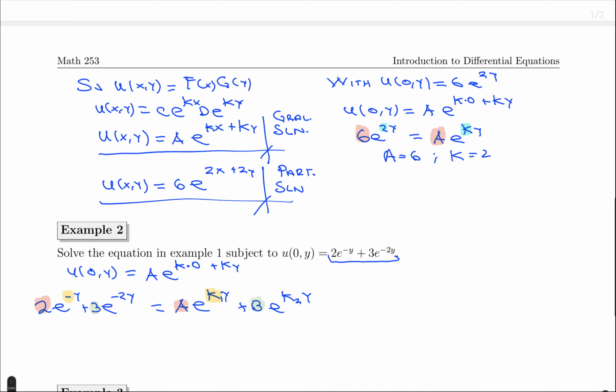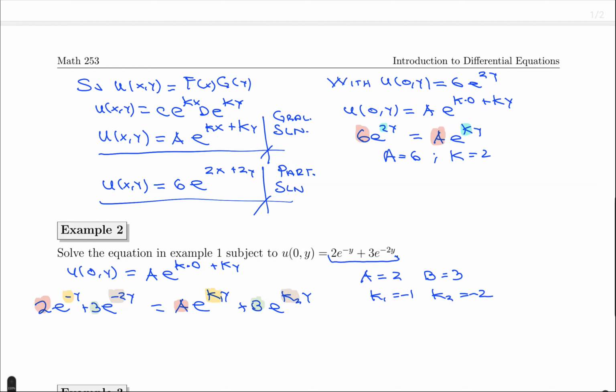And k2 equals negative 2. Right. Let me write those down first. So A equals 2, B equals 3, k1 equals negative 1 and k2 equals negative 2.